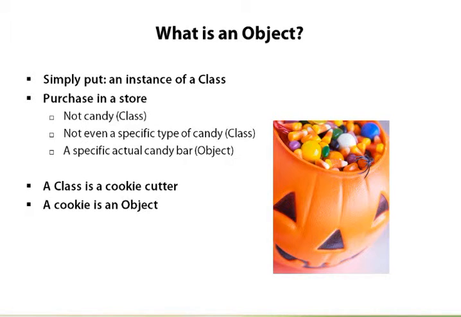That's still a class, because you might say, I want a candy bar, or I want a Hershey's bar. You can't buy this concept. You can't just buy candy, or just buy a Hershey's bar. You have to buy a specific actual candy bar. So if you're really going to the store to buy candy, you would pick up a candy bar, put it on the counter, and buy that, and that is an object.